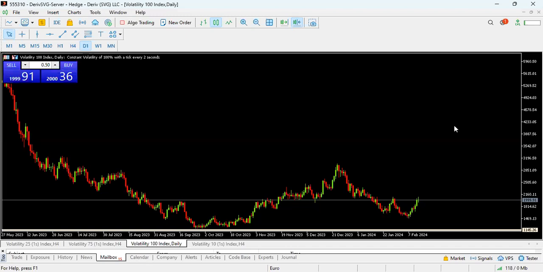So the V100, it also appears the market has been ranging, it has been trending downward, but it appears the downtrend has been broken. How do I know? Look at it here.